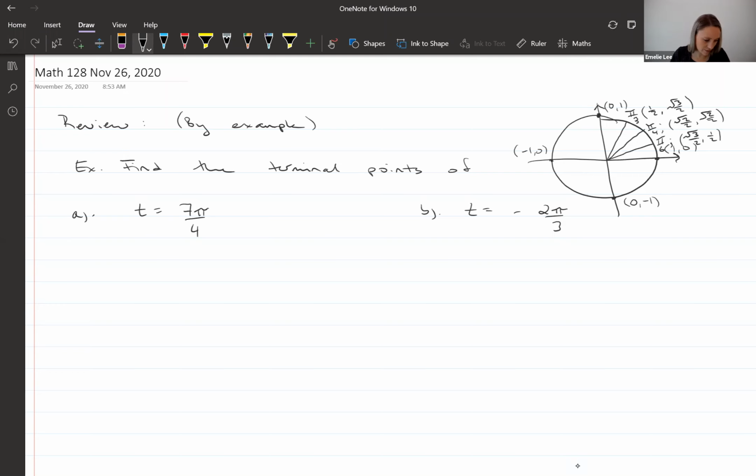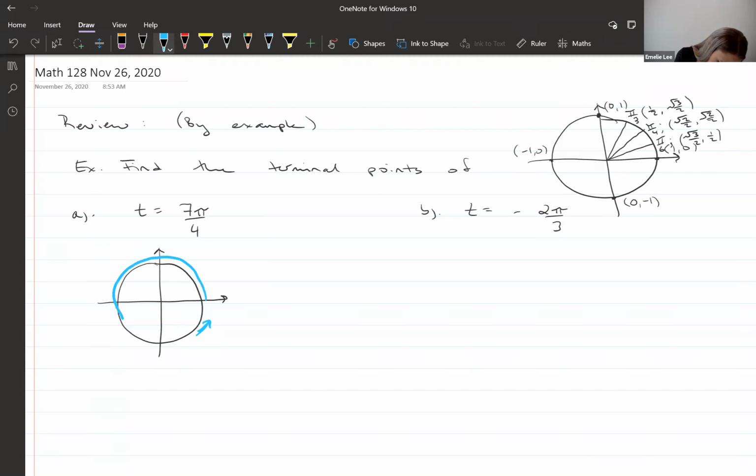So 7 pi over 4, if we have to map it out on the unit circle, I just make a note of how far it is from 2 pi or pi, depending on what's closest. 7 pi over 4 looks awfully close to 8 pi over 4, which would be 2 pi. So I know I'm getting closer to a complete cycle here.